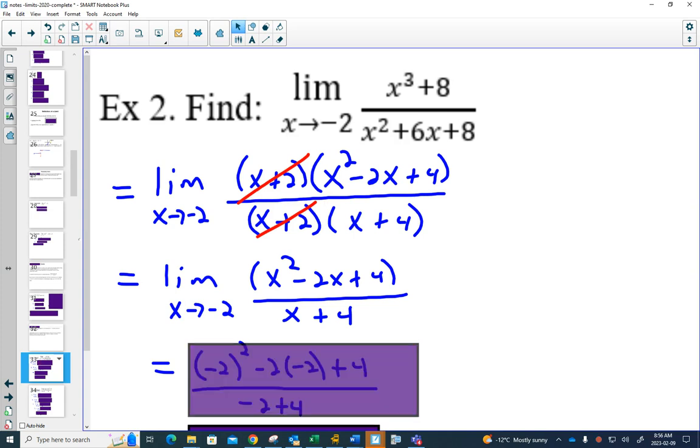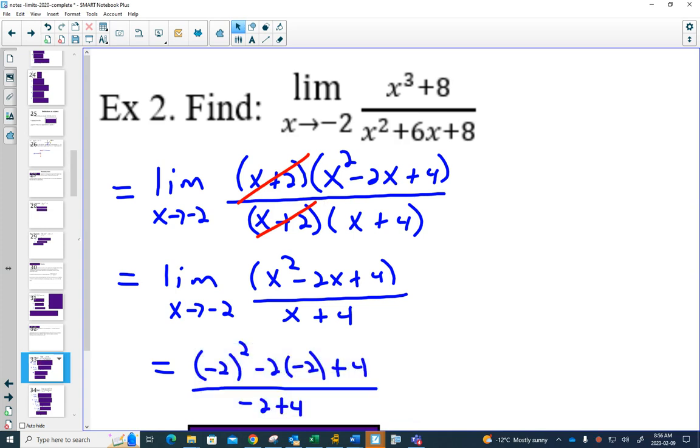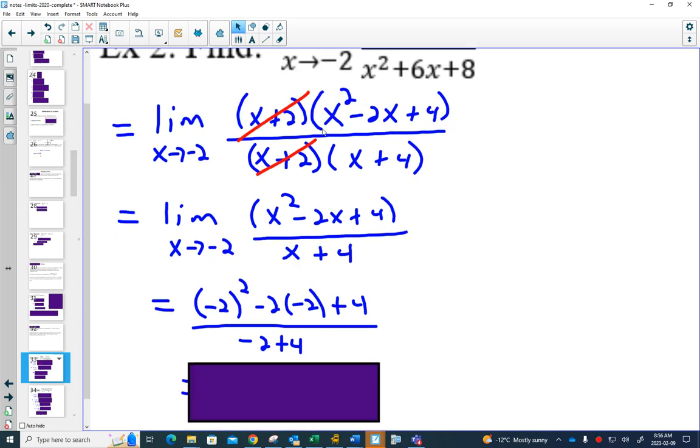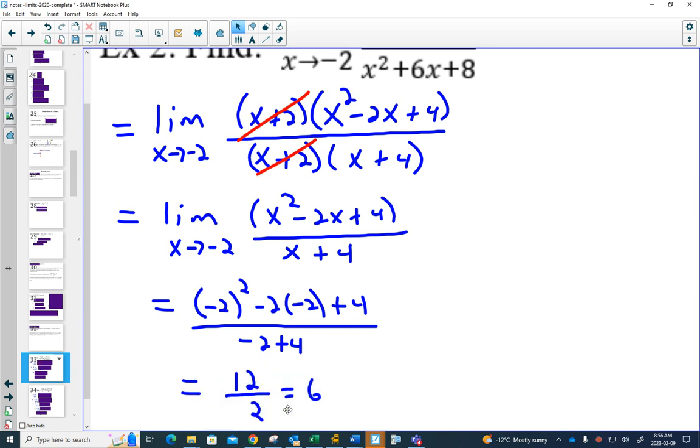So now that you plug in minus 2, you do not have to write that limit part anymore, because now you've started to evaluate it. But before you can plug in the minus 2 and evaluate it, you do have to write that limit every single time. And it simplifies nicely to be 6.